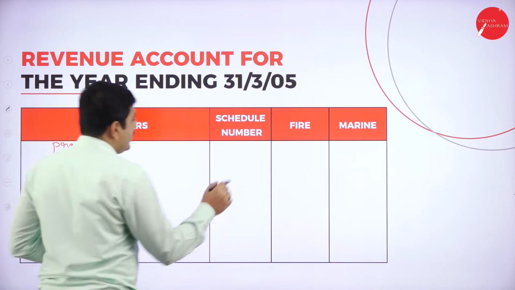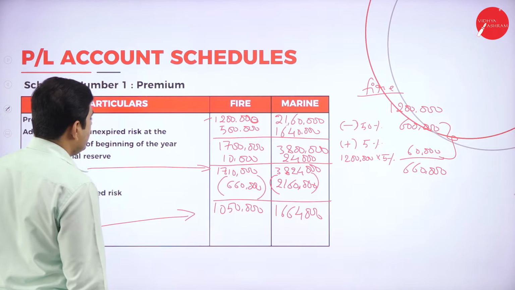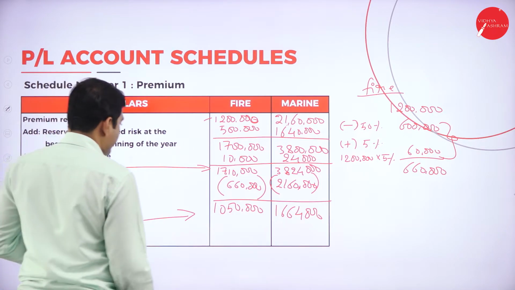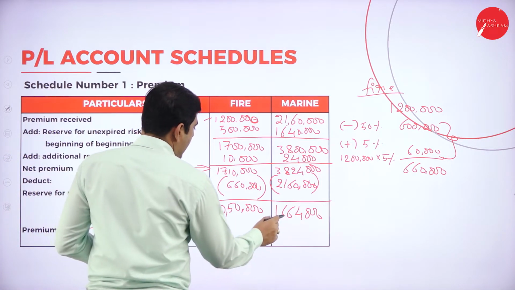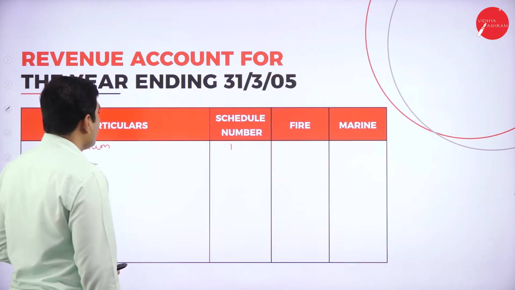It is schedule number 1. What is the total amount of premium we got? Fire is 10 lakh 50,000, marine is 16 lakh 64,000.